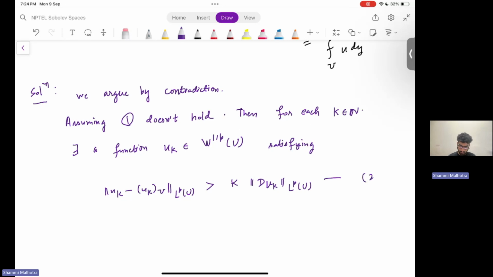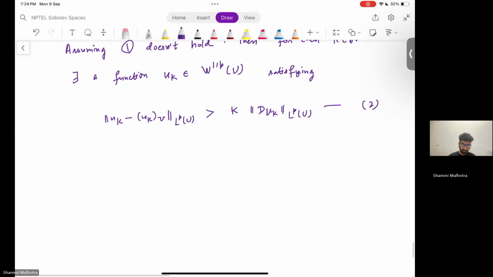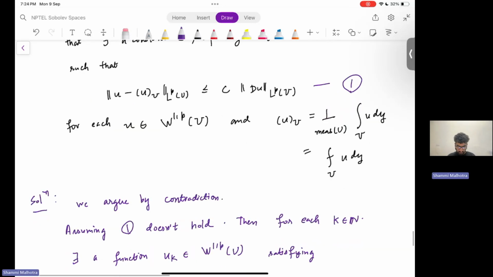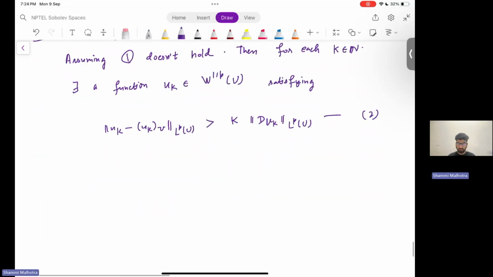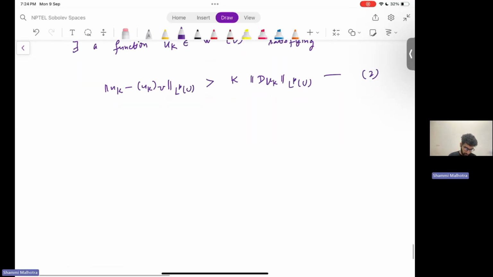Let's name this to be 1. Because I take the constant to be k and we don't have this inequality, we have a function u_k which doesn't satisfy the inequality for this constant.